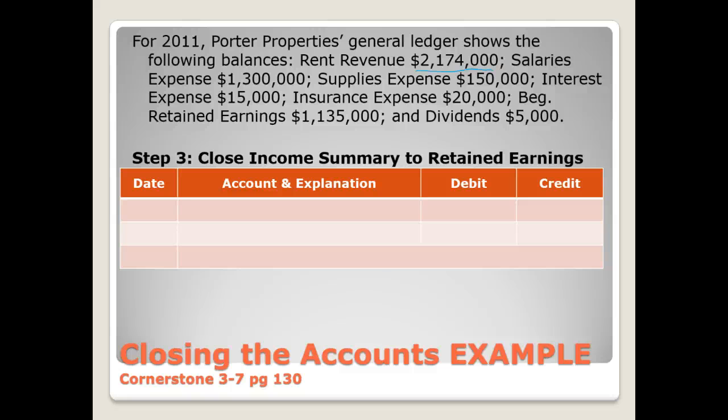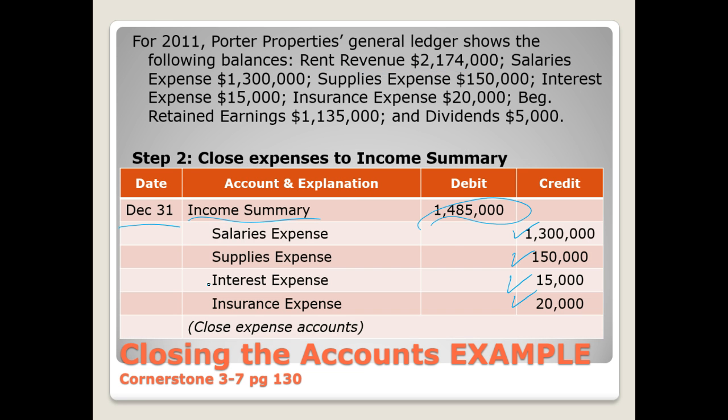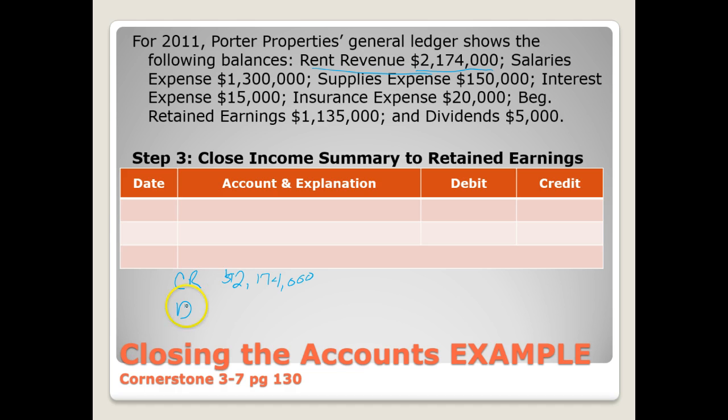Well, we had made a credit entry of $2,174,000 to the income summary account to deal with the revenues, closing out the revenues, and we had made a debit entry of $1,485,000.